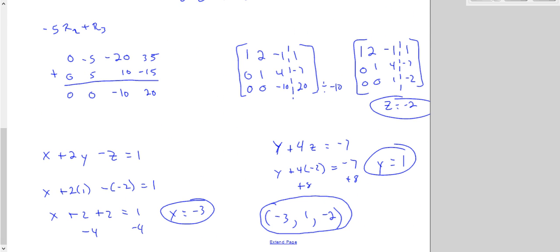Okay, now a couple things about different types of solutions. As you had with regular systems of equations, you could have no solutions or infinitely many solutions.